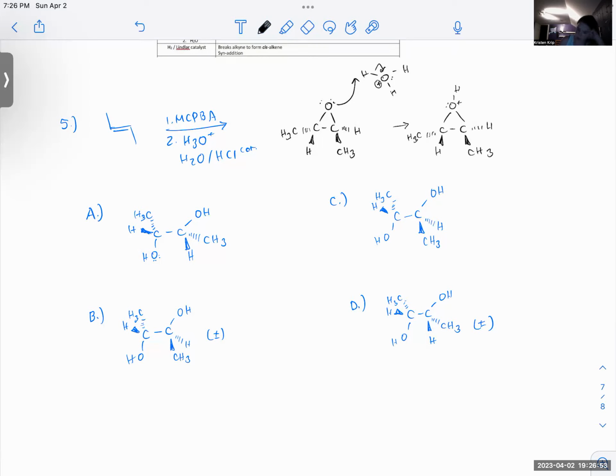And then that is going to cause another water to come in and attack this carbon or the other carbon.